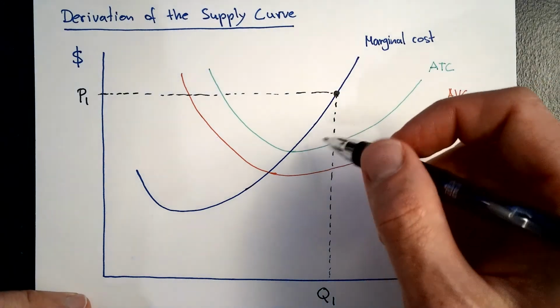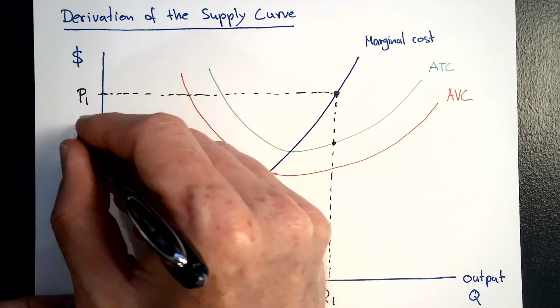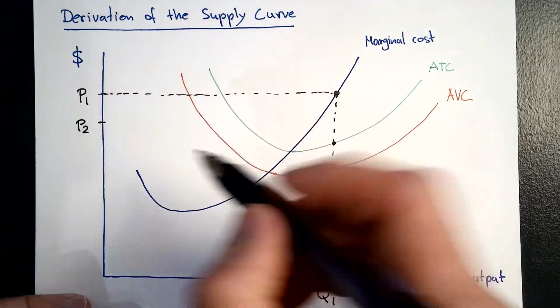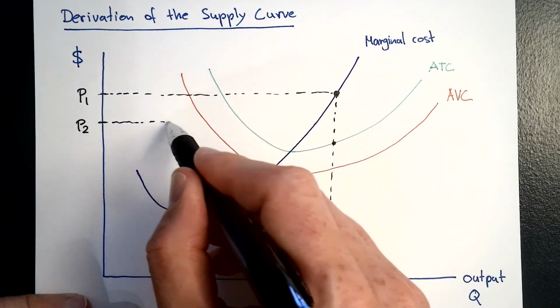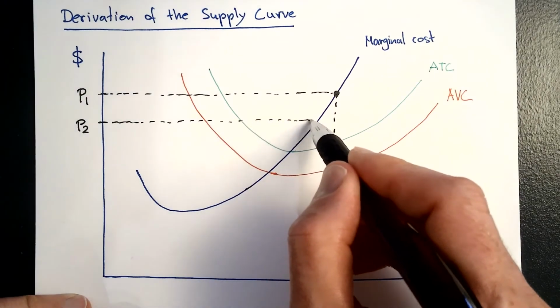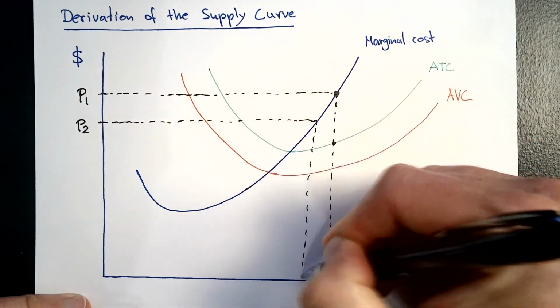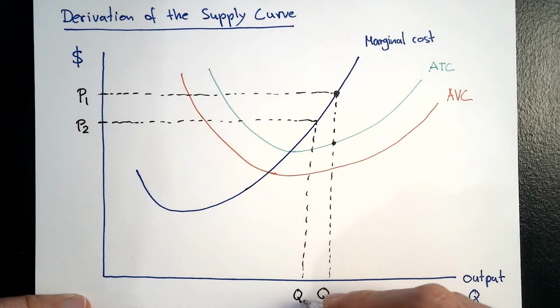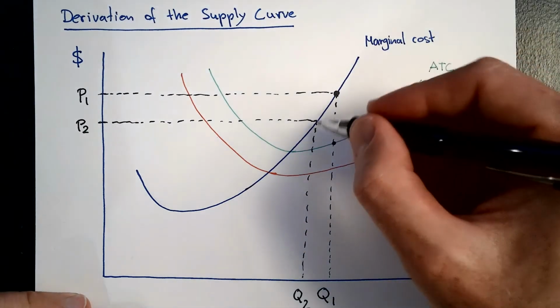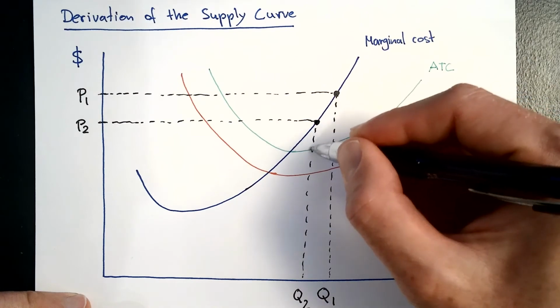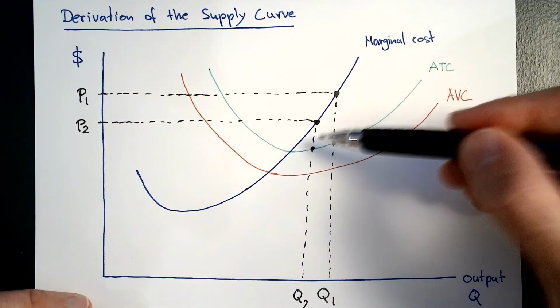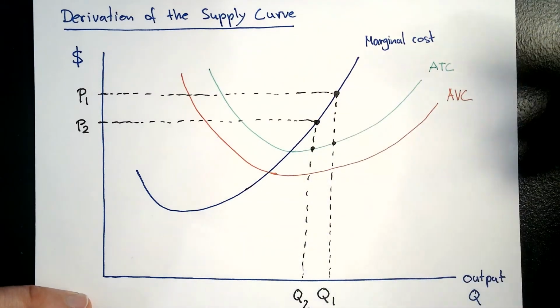Now, if the price goes down to, say, P2, then again, the firm sets the price P2 equal to the marginal cost, and the output quantity is going to be Q2.